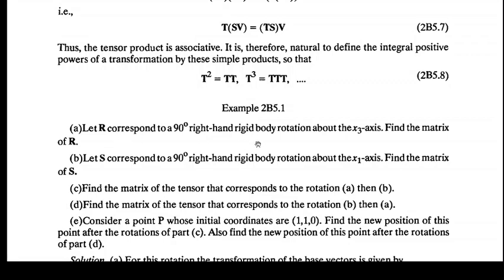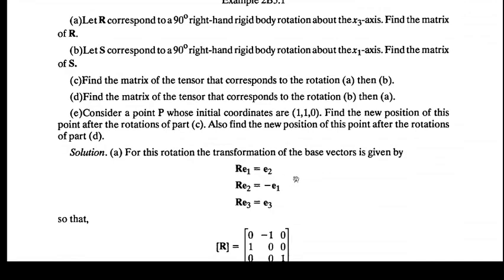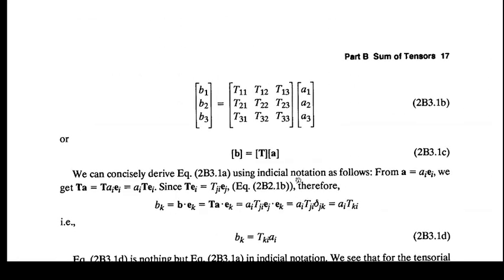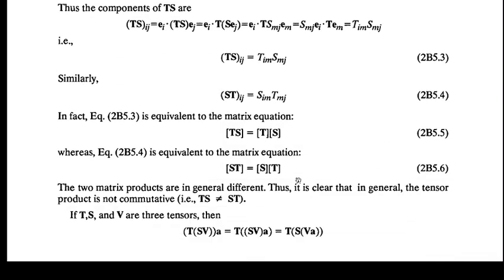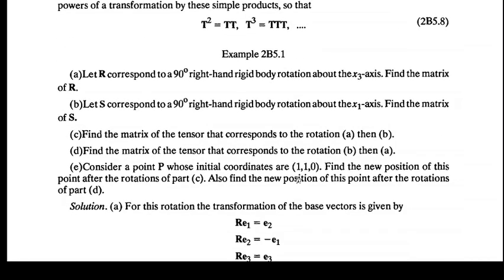Let R be a rotation through an angle of 90 about the x3 axis. Find the matrix R. You can use the example in which you have written the matrix about the x3 axis with an angle of theta.